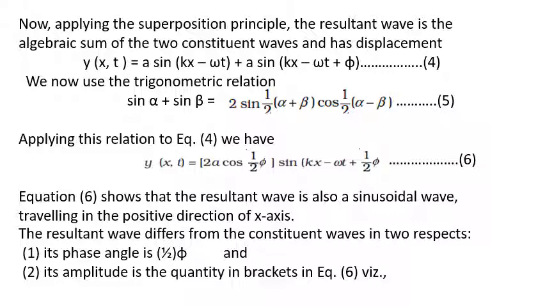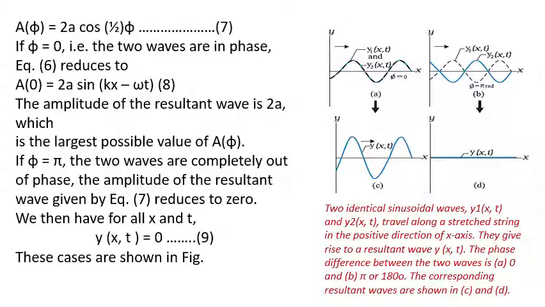This equation gives the resultant wave, which is also a sinusoidal wave traveling in the positive direction of the x-axis, where the amplitude A equals 2a cos(phi by 2).